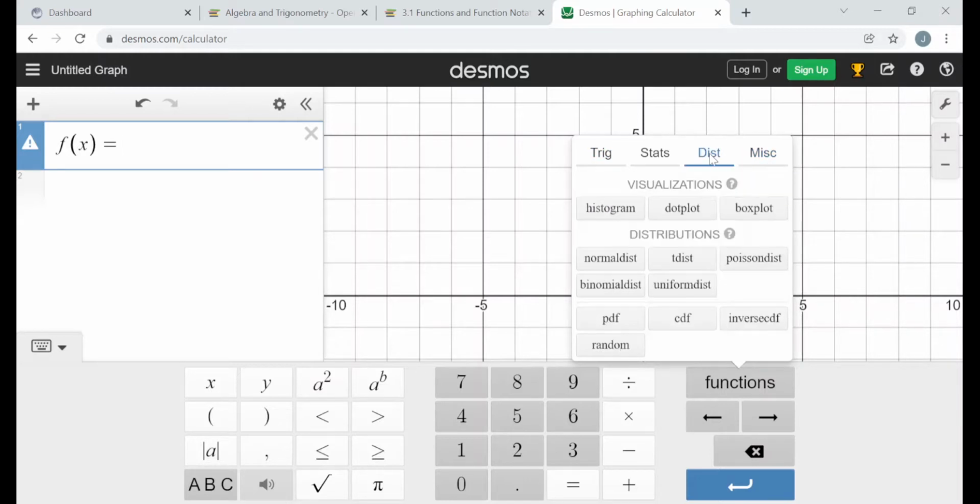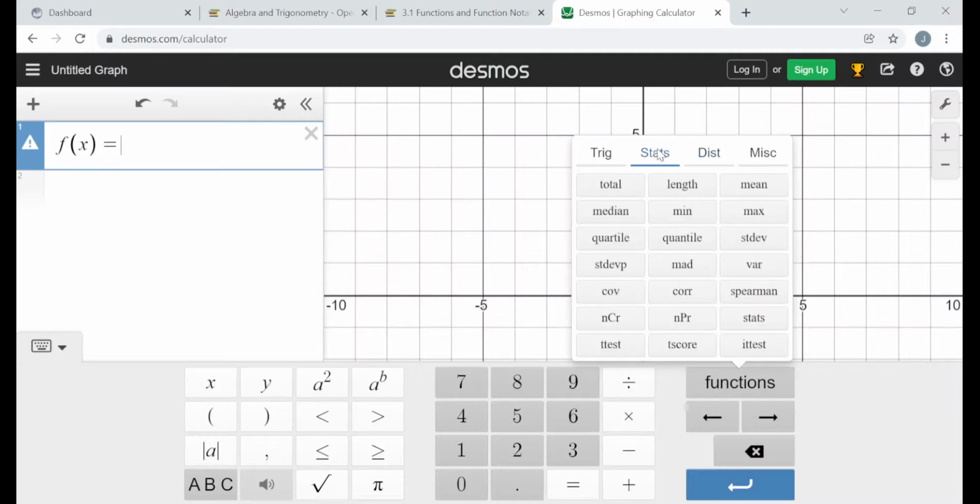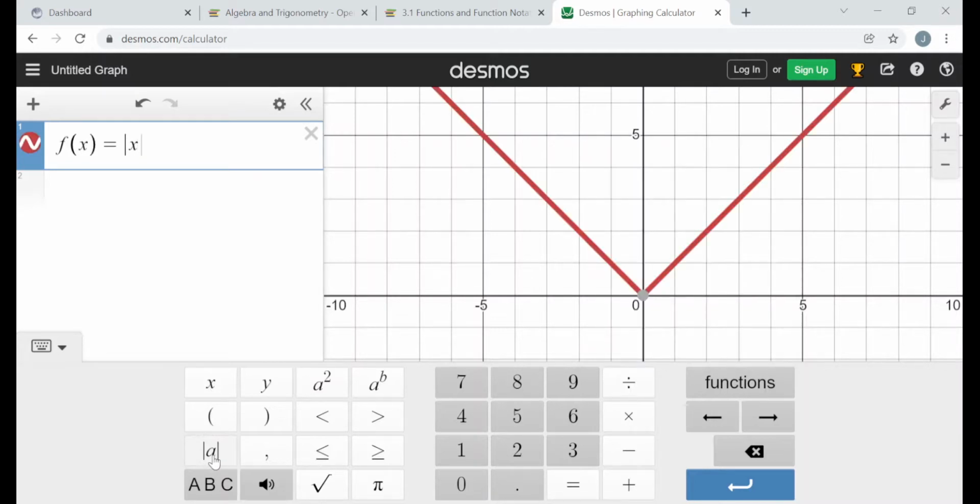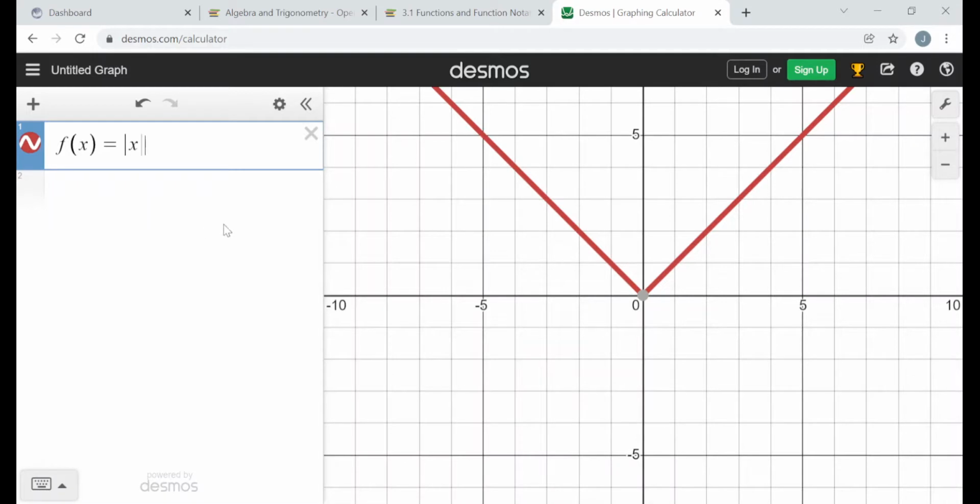No, Distance, Stats. Okay, well. Oh, it's right here. So there's the absolute value of A, it says there. Absolute value of x. Okay, excellent. So there it is.